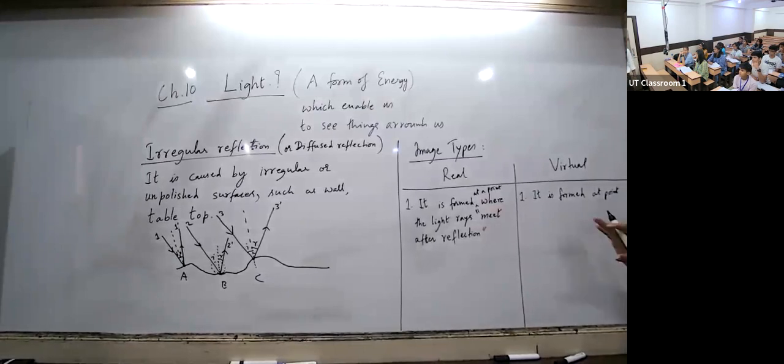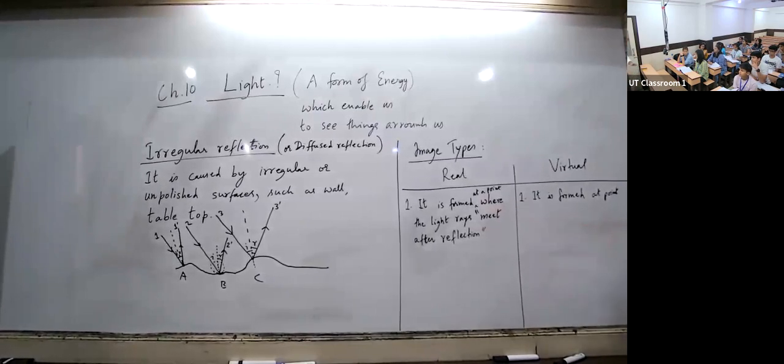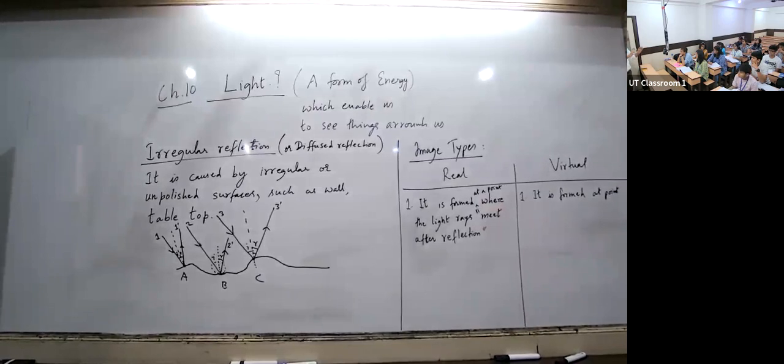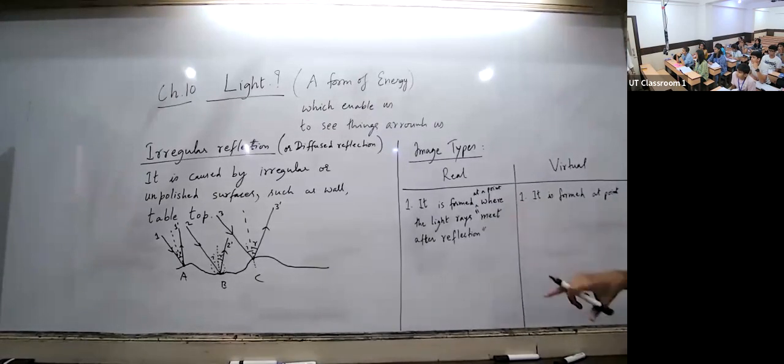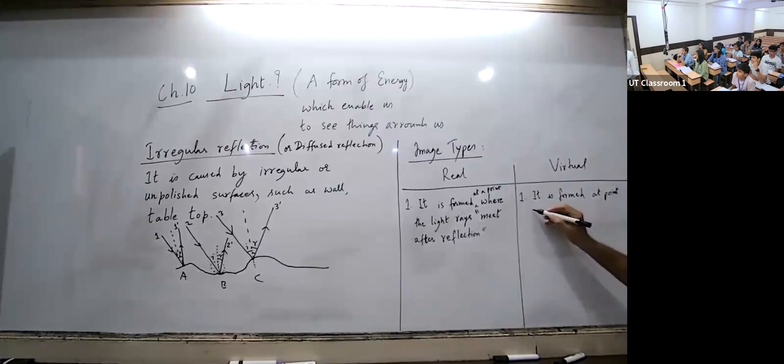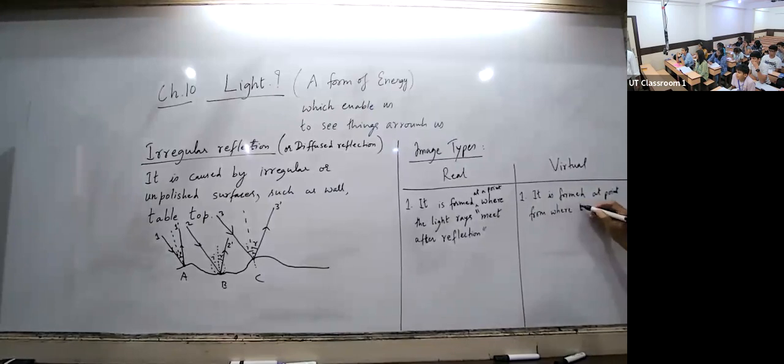Yes. So mirror. When we say mirror, we are fixing the surface. It could be any surface, any kind of mirror, plane, curved, spherical, anything. So we will define it in terms of reflection of light. What will we say? It is formed at a point from where the light rays appear to diverge after reflection.